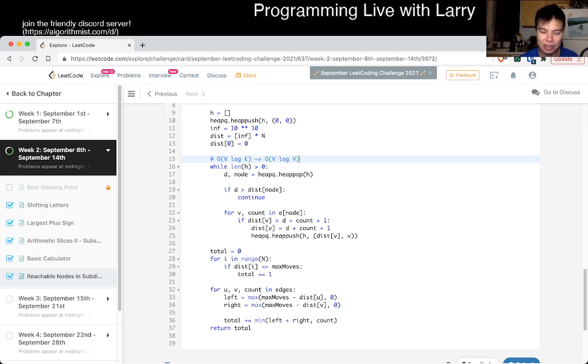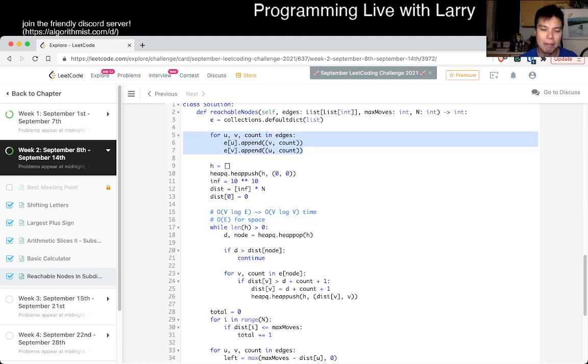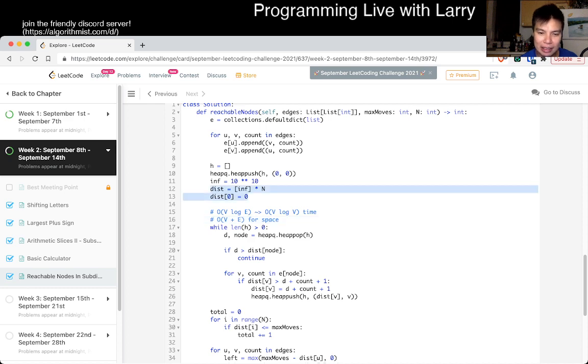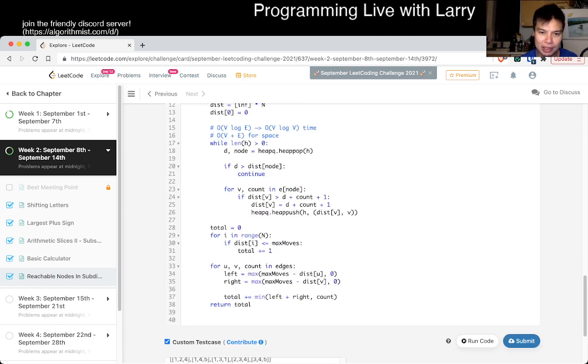And this is going to be dominating because this is just O of E, and this is O of V. And then space is just O of E because we have to reconstruct the edge list. Or you can say V plus E, I suppose is more accurate, because we have O of V stuff here, and here is O of E in general. Which is where you got the log E.